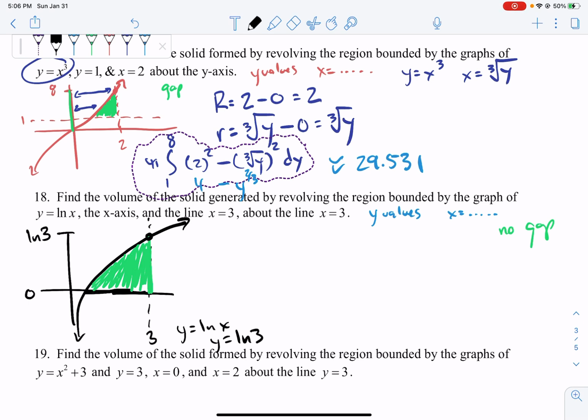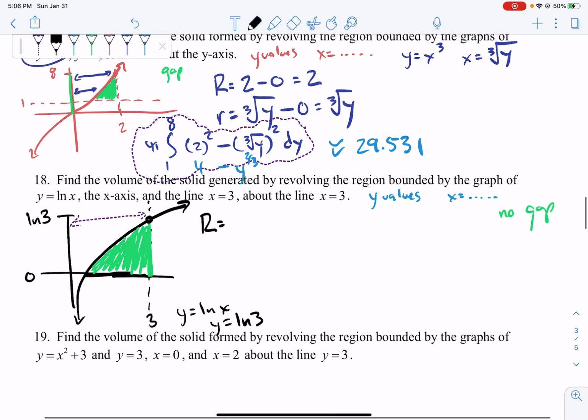Now I just need my big R and my little r. So big R is this line right here. It goes from 3 to 0, so it's just going to be 3. Little r is going from here to this line. My problem is that line is in terms of x.